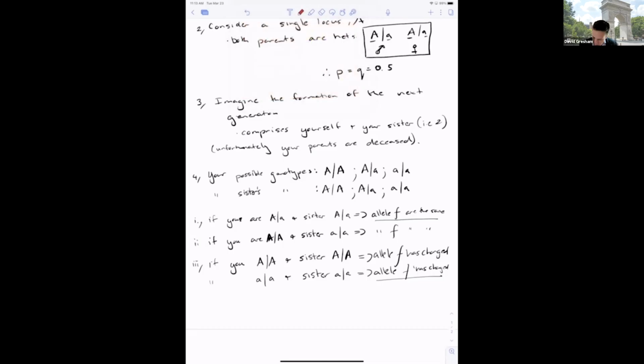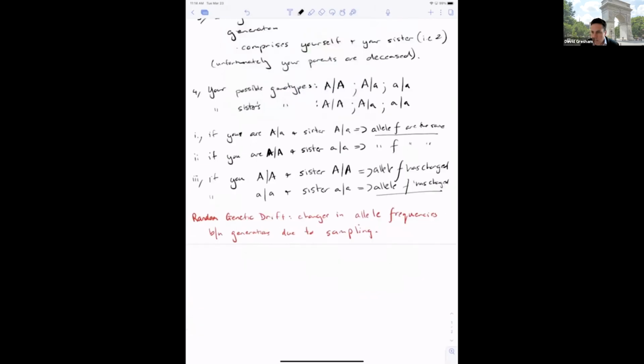Let me write that again. Random genetic drift is just changes in allele frequencies between generations due to the process of sampling. All right, so let's imagine an even simpler case, and we can do this as theoretical population genetics.